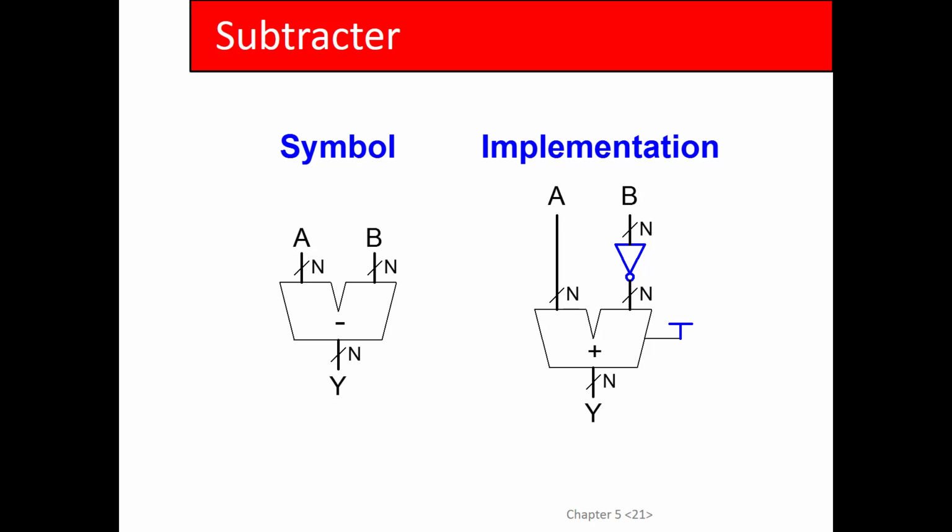And thus I can just negate B, and then that final plus 1, I can use as my carry in. So I just wire the carry in to 1, and that becomes a subtractor. Every adder has a carry in, that little carry in at the first column. When I first learned about adders, I thought, why don't we just get rid of that? Why do we need that first carry in? Well, that's why you can't get rid of it, because you can use it to make a subtractor.